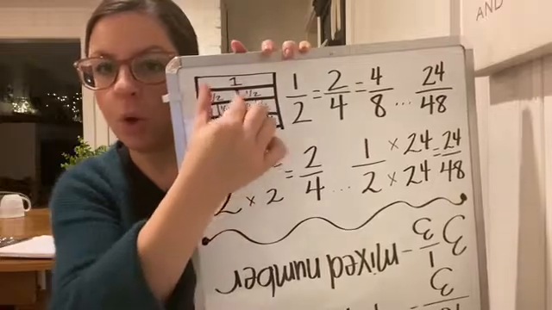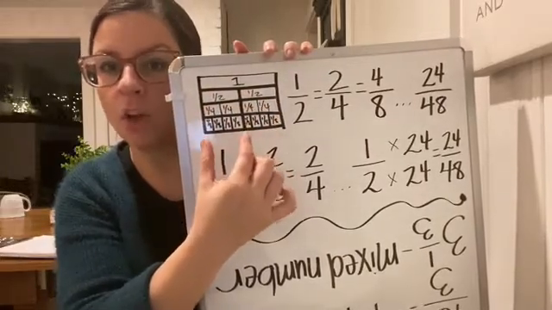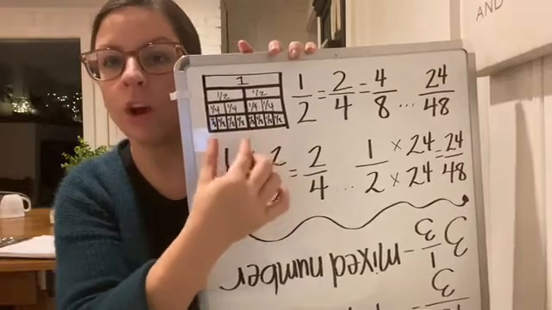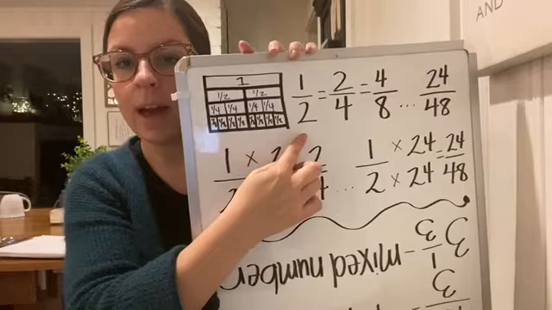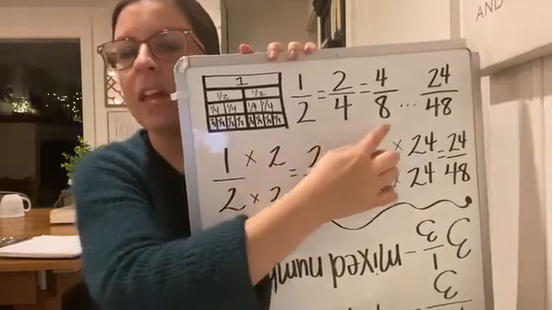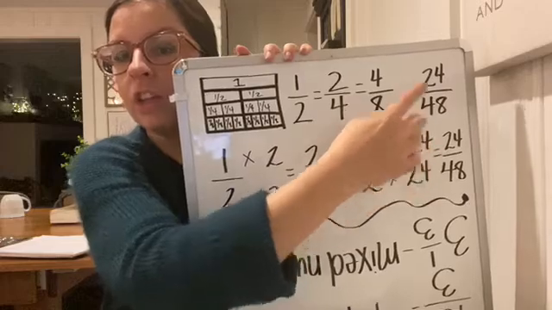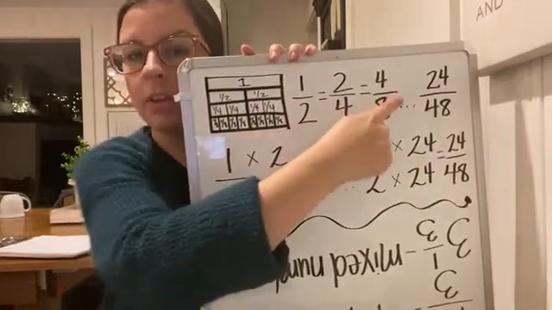Okay, so 1/2, 2/4, 4/8 are all the same amount. So they are equivalent fractions. Okay, so look, 1/2 equals 2/4 equals 4/8. And you can keep going on and on. So 1/2 also equals 24/48. So let's look down at example A and example B.